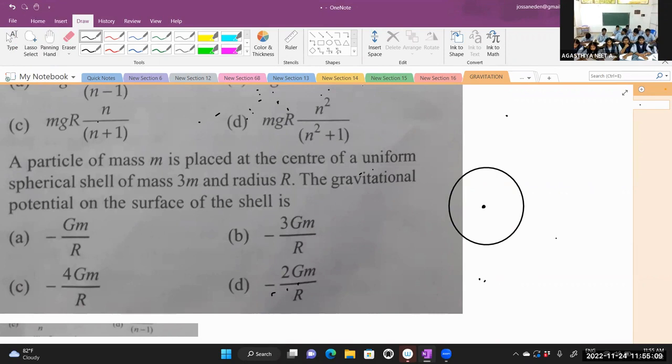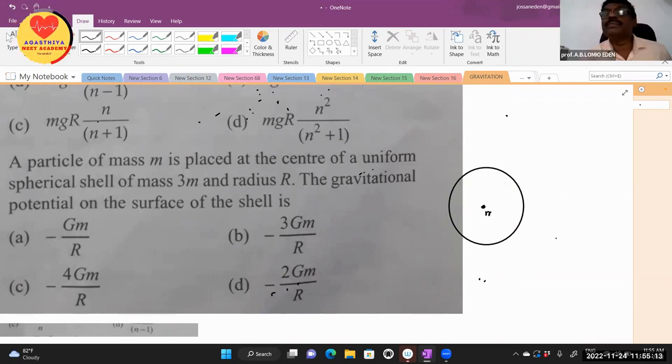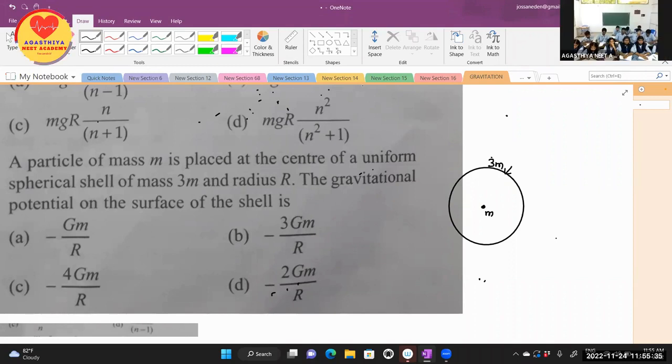In which a particle of mass m is placed at the center of uniform spherical shell of mass 3m. 3m is the mass of the spherical shell. m is the mass placed at the center of the spherical shell. The gravitational potential on the surface of the shell.